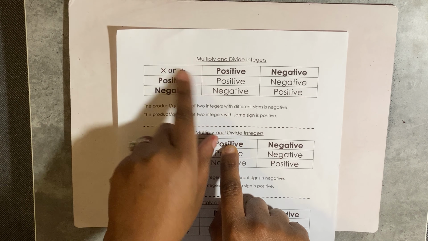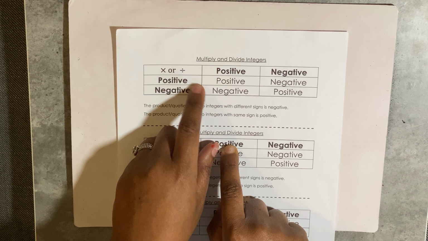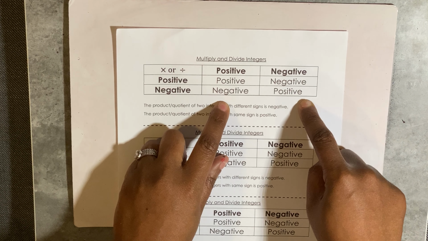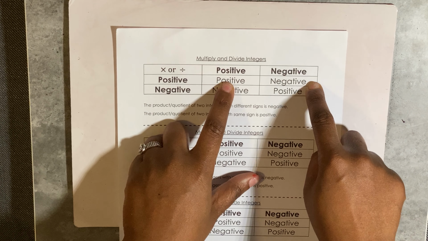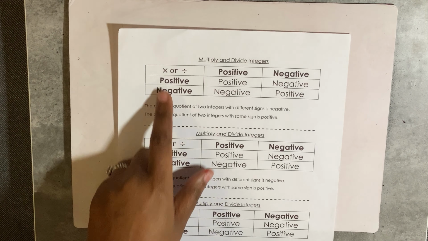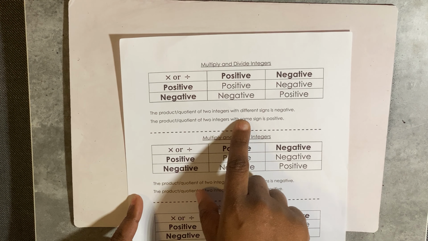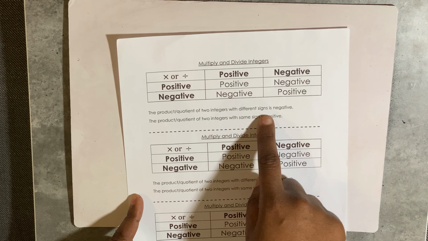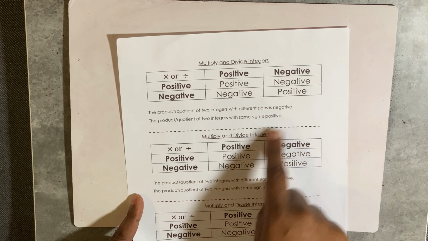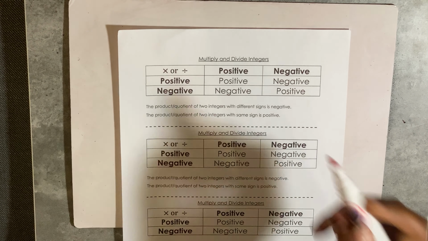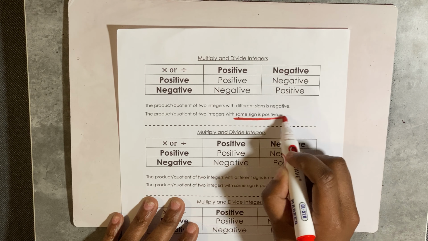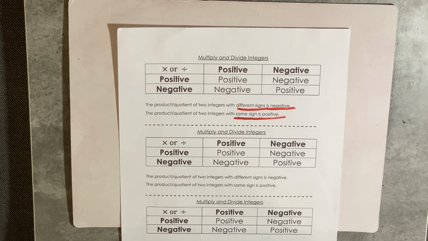It also says down here, the product or quotient of two integers with different signs is negative. Different sign, negative; same sign, positive, okay? So that will be uploaded as well.